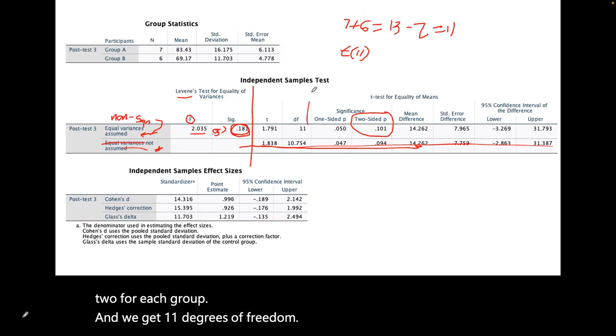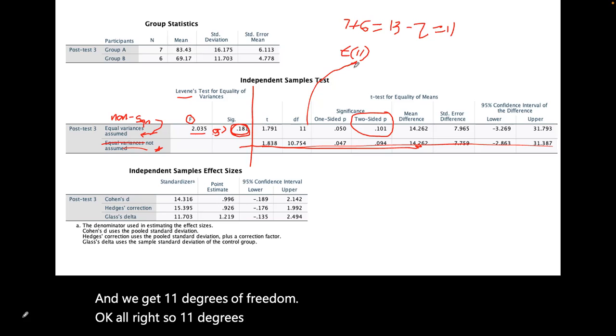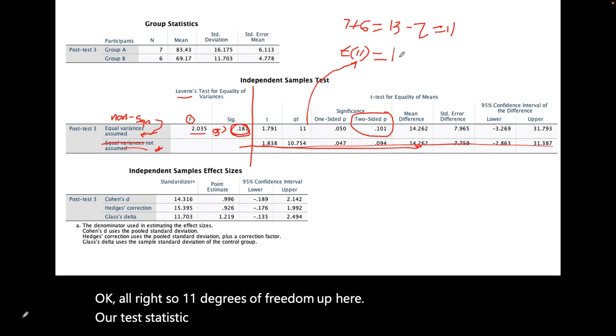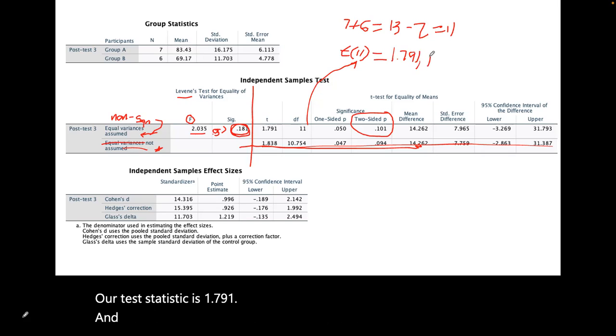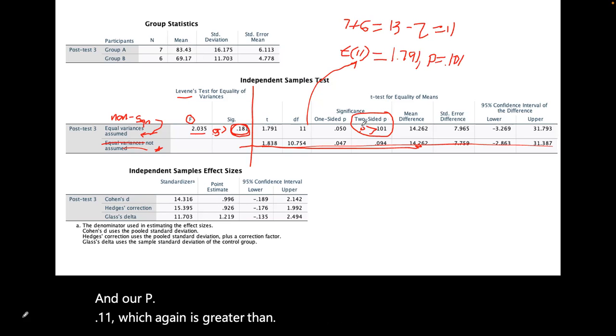All right, so again, 11 degrees of freedom up here. Our test statistic is 1.791. And our p equals 0.101, which again is greater than 0.05.